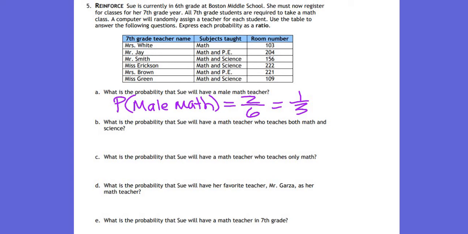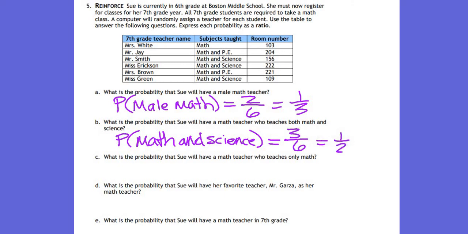What is the probability that Sue will have a math teacher who teaches both math and science? So we're looking at the probability of math and science. How many teachers teach math and science? 3 out of a total of 6.